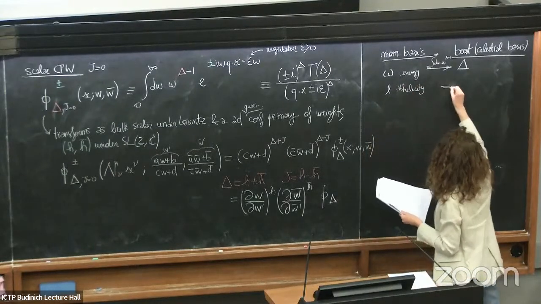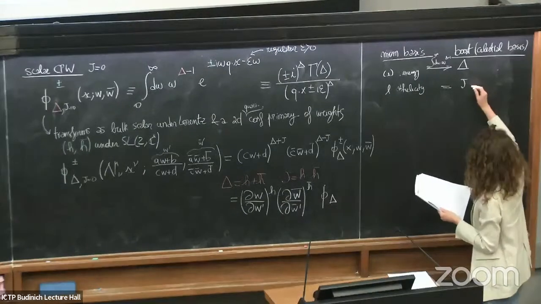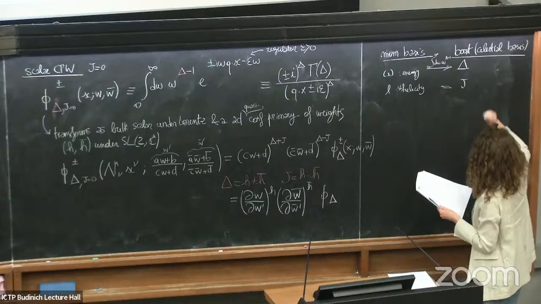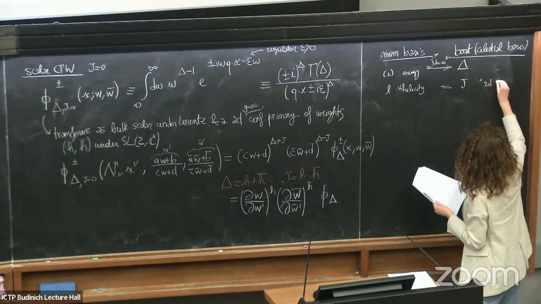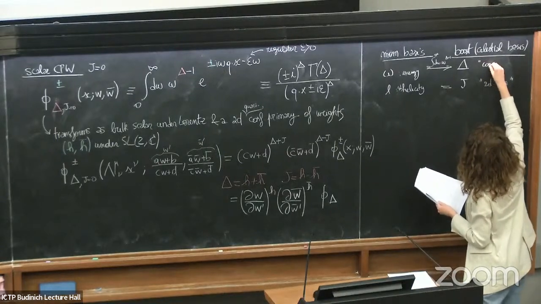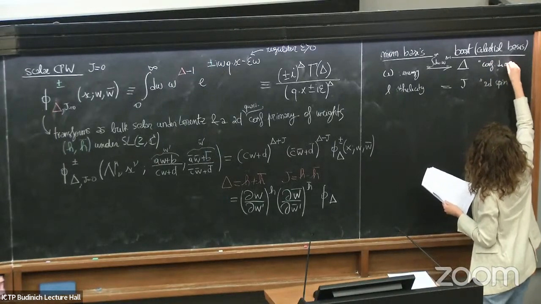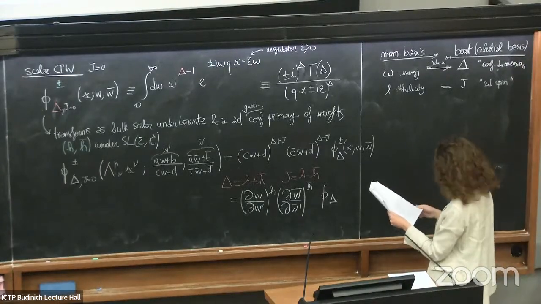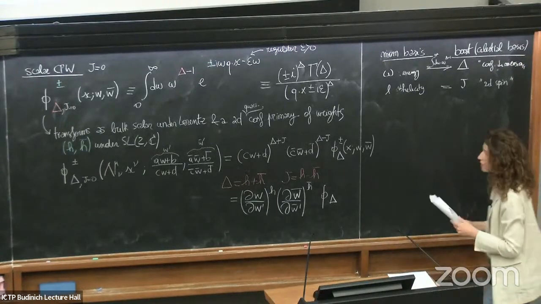And this will be simply identified with the 2D spin. This will be equated. So this is 2D spin on formal dimension. Okay.